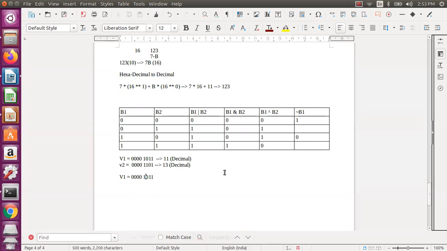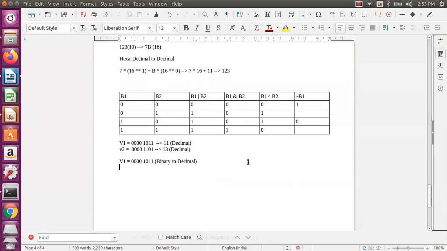Now I am converting binary to decimal, actually. Decimal to binary also you can try, we'll see that. So this is 1 into 2 power 0, 1 into 2 power 0. This one will be 0 1 2 3, actually. So this one will be 3 plus 0 into 2 power 2.